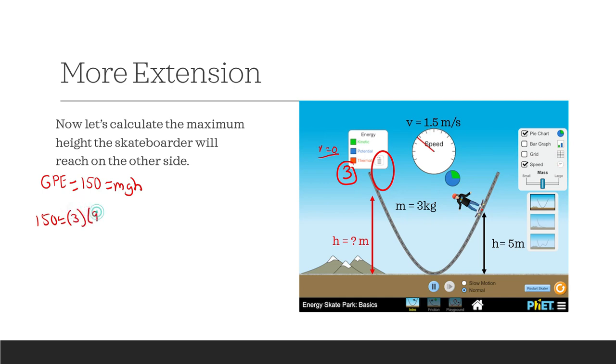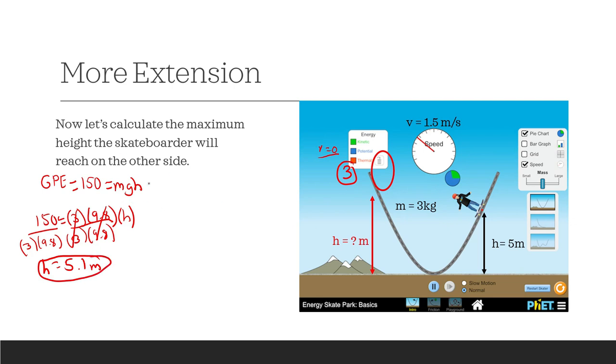We know that g is 9.8. So we just need an h. And once we divide both sides by 3 times 9.8, these will cancel. We're going to be left with an h of 5.1 meters.